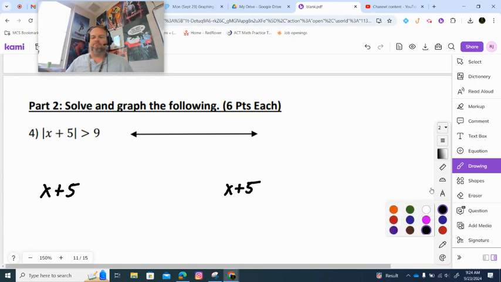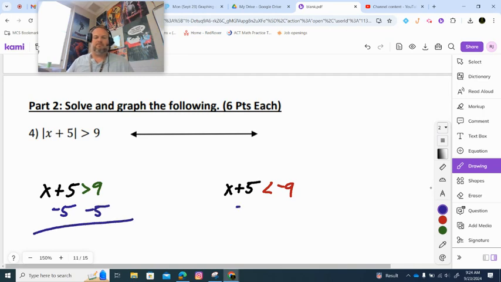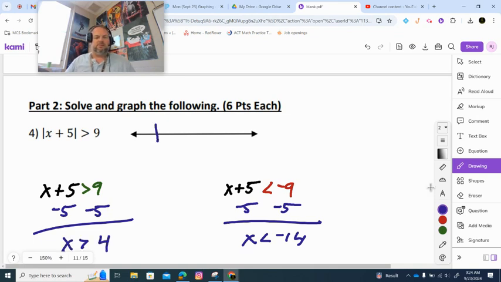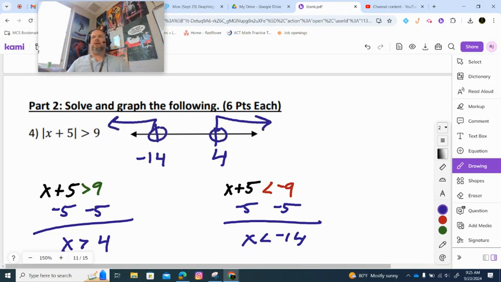Awesome. x is less than negative 14. x is greater than 4. All right, so we have negative 14 here. We have 4 here. Open that way, and open that way.